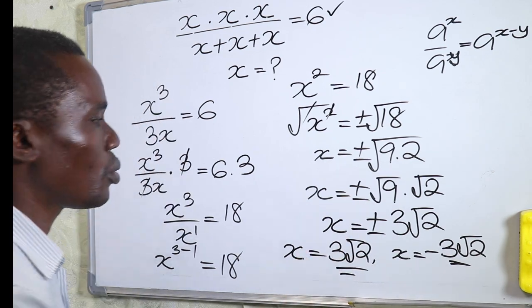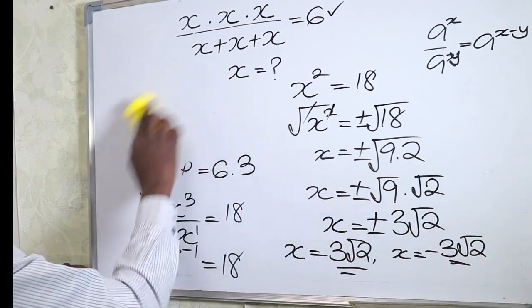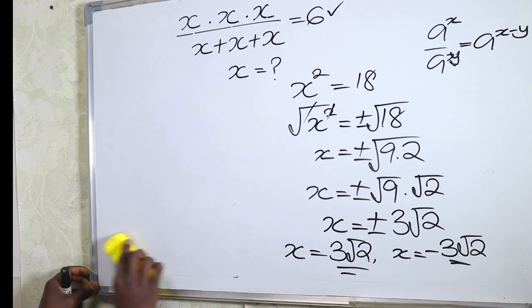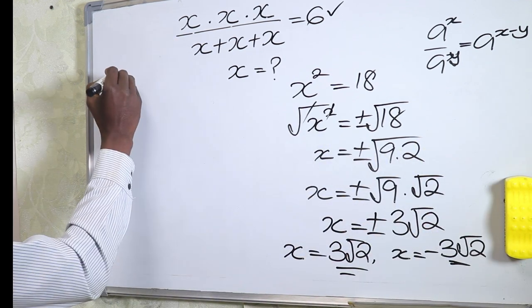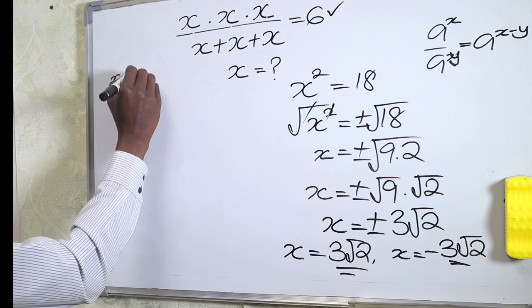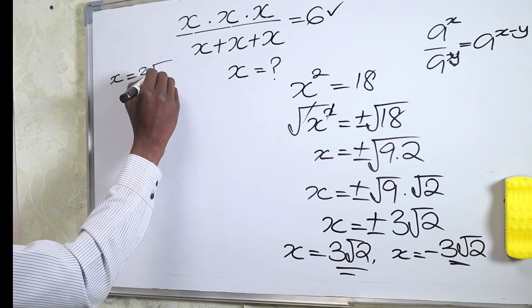Now the question is, how do we check to find out if this solution or this solution is absolutely right? Let's check to find out if those two solutions are right. We're going to apply the first x equal to 3 root 2.